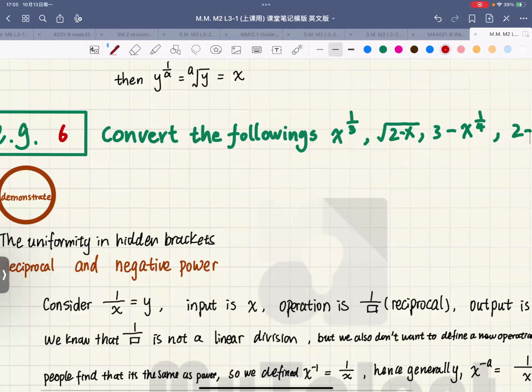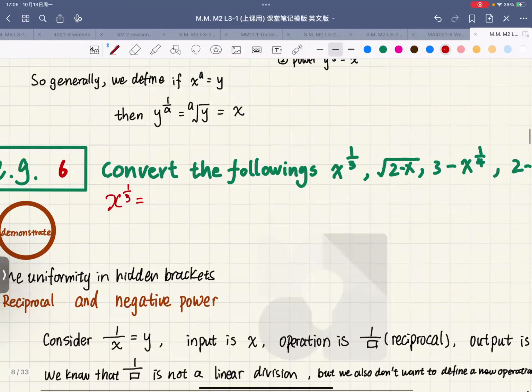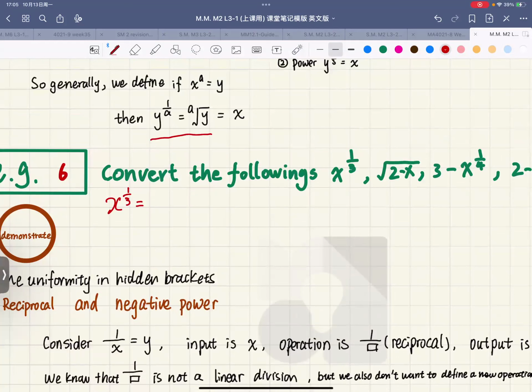Okay, so let's do the first one. x to the power of 1/3 is equal to, any idea? Can anyone yell out the answer? The cube root of x.